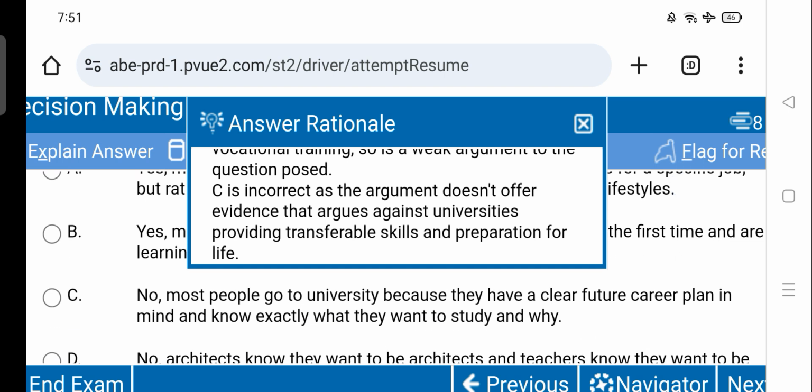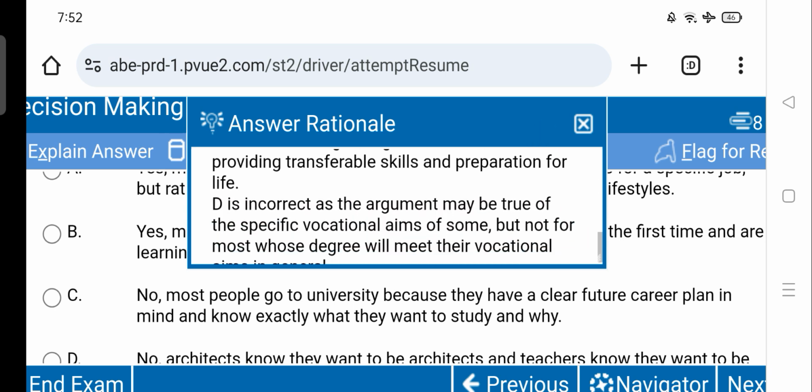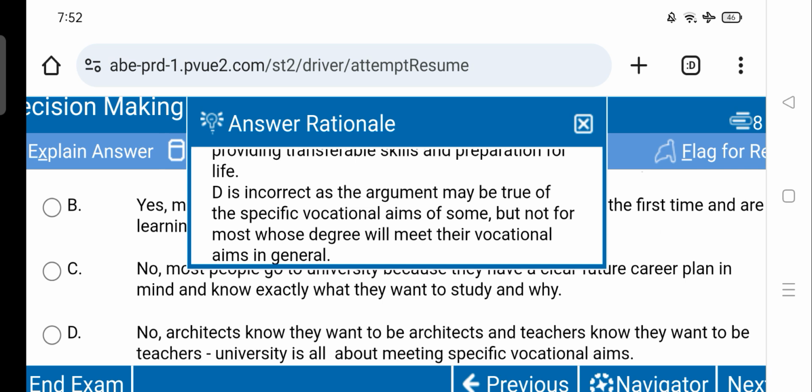C is incorrect as the argument doesn't offer evidence that argues against universities providing transferable skills and preparation for life. Option D is incorrect as the argument may be true of the specific vocational aims of some but not for most, whose degree will meet their vocational aims in general.